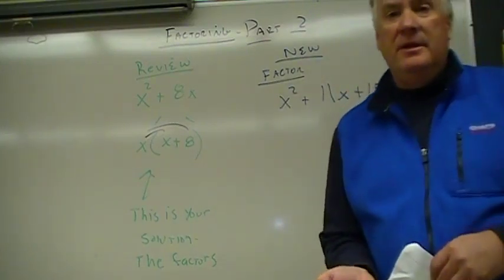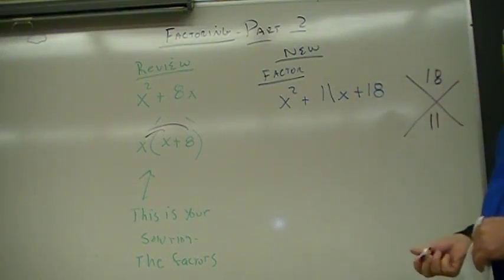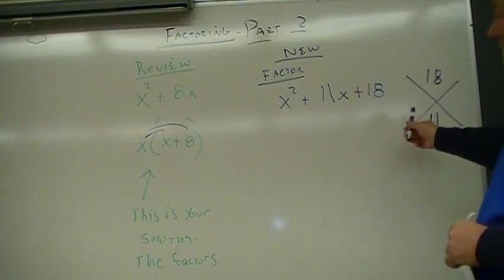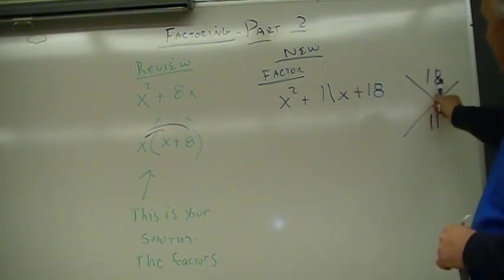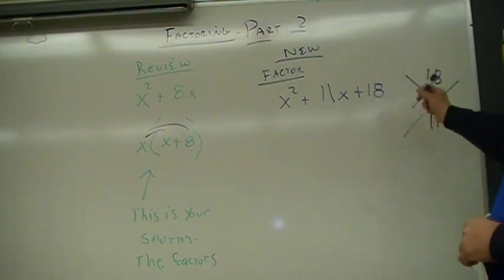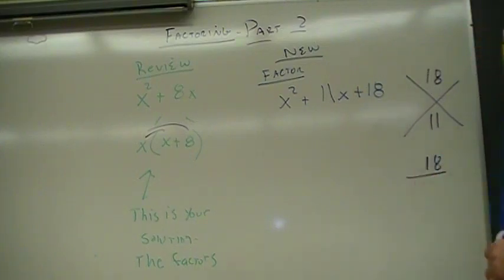We've been doing these as part of the practice, right? We've been doing a lot of this, so you're familiar with what times what gives us 18, what times what added together gives us 11. And so we can look at the factors of 18.